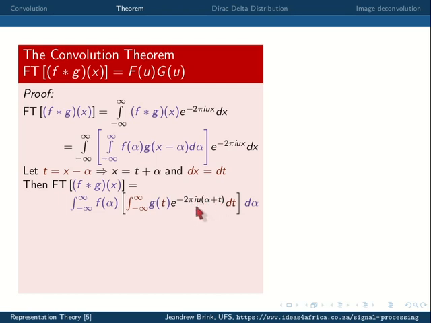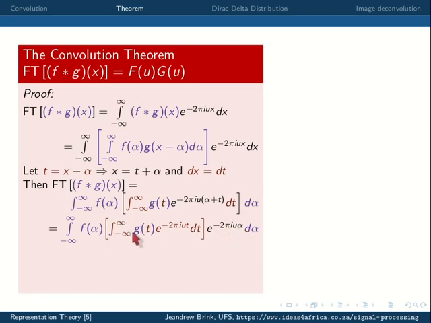Okay, and we leave the t inside and we move the e to the minus 2 pi i u alpha out of the integral. So there we go, we've done it. We split this exponent into the e to the minus 2 pi i u t part, and we took the e to the minus 2 pi i u alpha part out of the integral.